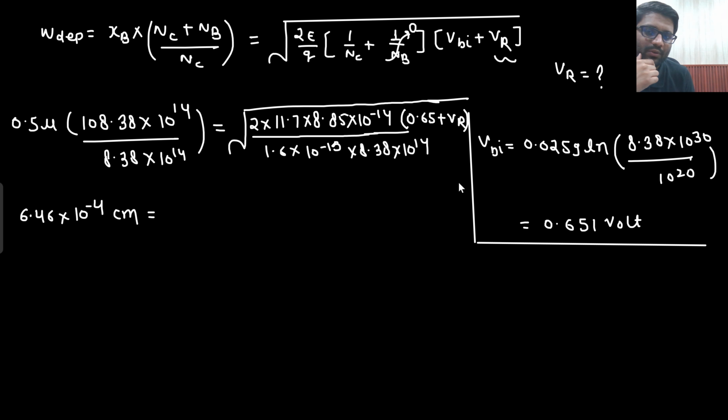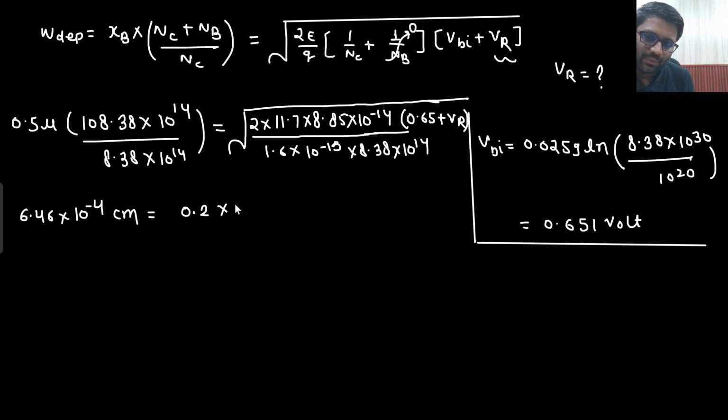Centimeter. And here also everything would come in centimeter only. So this would become 10 to the power minus 5, 10 to the power minus 19, 10 to the power 14. So 10 to the power minus 5 upside it would go, so it would become 10 to the power minus 9. So if I give 1 10 to the power here, 10 to the power minus 1 here, so 10 to the power minus 4 I can take outside, right?